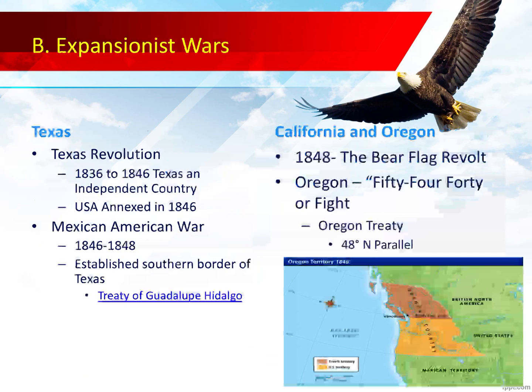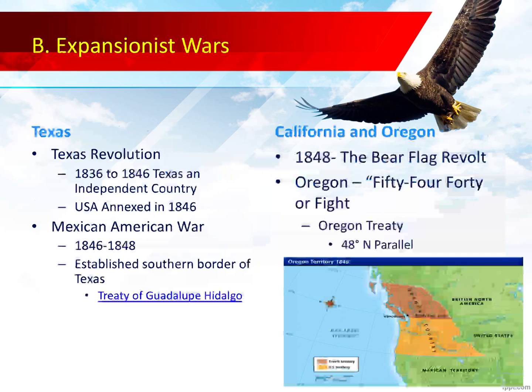Texas broke away from Mexico and became an independent country in 1836. And they applied to become part of the United States. And for about 10 years, the United States was a little iffy about accepting them.